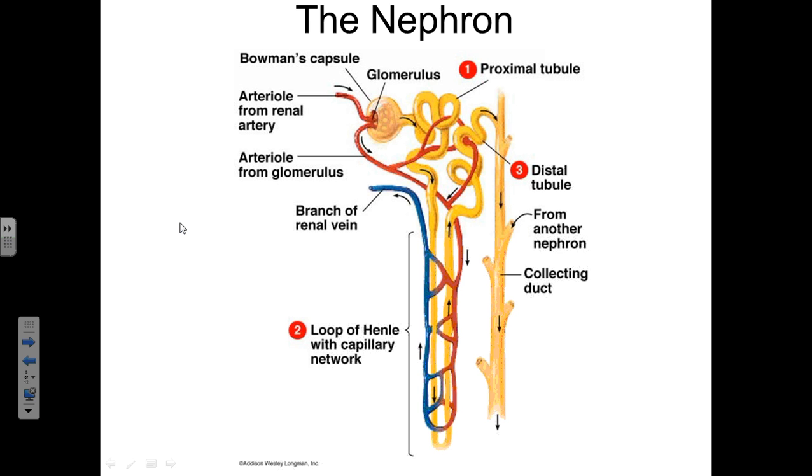So here we have an arteriole coming into the nephron. And once that arteriole gets into this big funnel-shaped thing called the Bowman's capsule, it branches off into a bunch of capillaries. It's hard to see those inside this thing, I know, but they try to make it transparent so you can at least see a little bit. But there's a big bed of capillaries in there. That bed of capillaries is called the glomerulus. And capillaries are sort of famous for being really what?